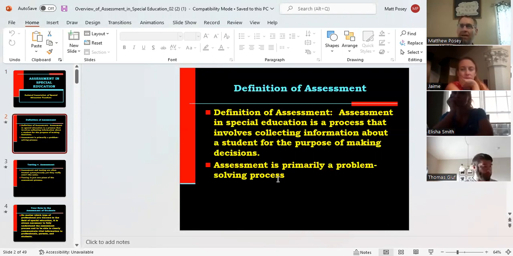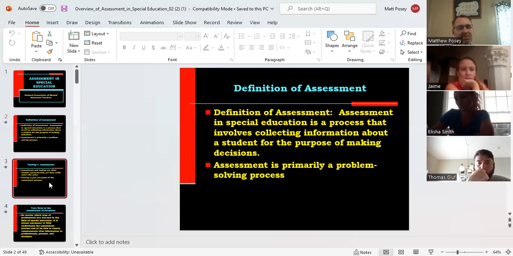When we talk about informal assessments, that's just real simple, short snapshots of how that student is performing, to determine various strengths and weaknesses and whether we need to progress forward to implement additional data collection methods. So that's pretty much the process of assessment.